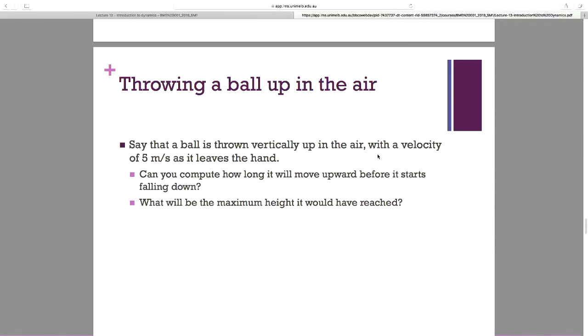How long will it take to move upward before it starts falling down, and what's the maximum height it would reach? I'll leave you to give it a go for a couple of minutes.